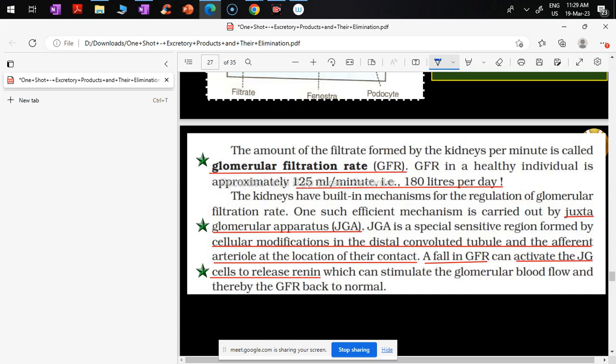What is GFR? Glomerular filtration rate. The amount of filtrate formed by the kidneys per minute. GFR in a healthy individual is approximately 125 ml per minute, that is approximately 180 liters per day.